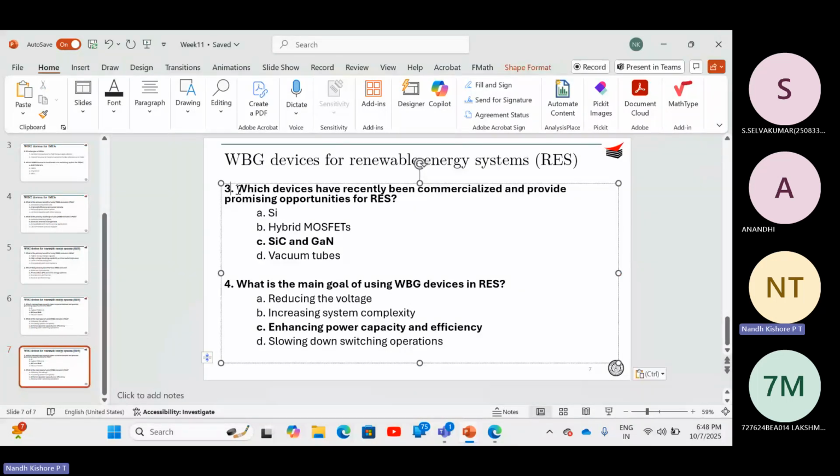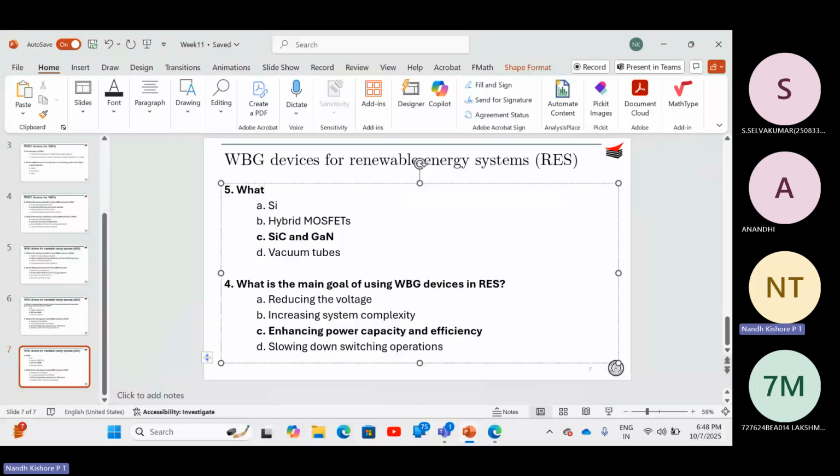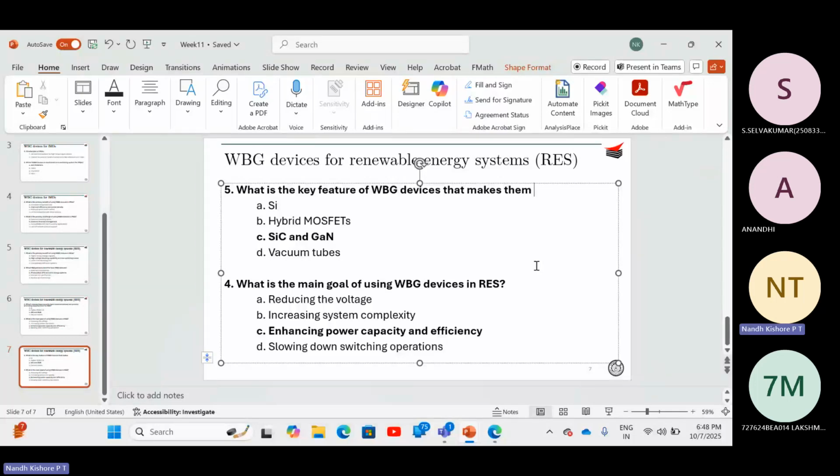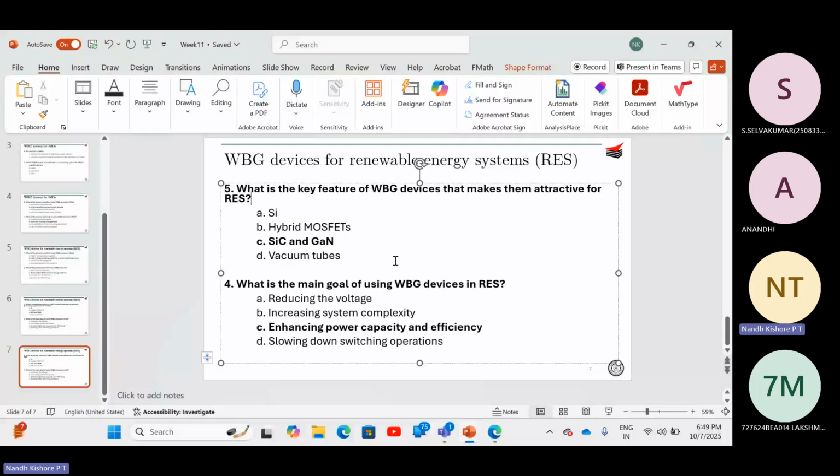So the next question is, I'm going a little fast over here because all of these are very simple questions. What is the key feature of WBG devices that makes them attractive for renewable energy systems? So what is the key feature? So one is high thermal resistance.